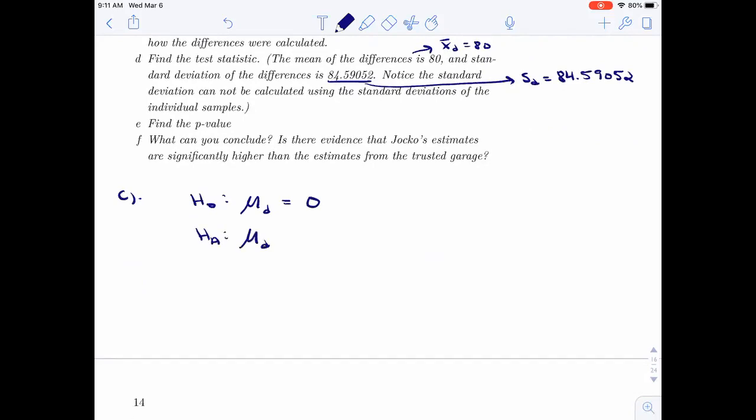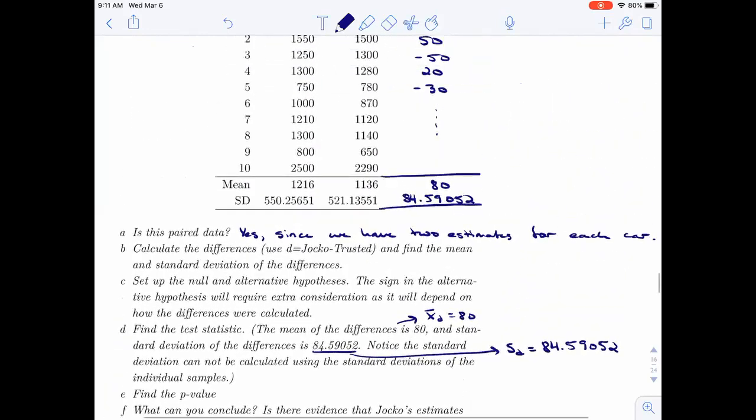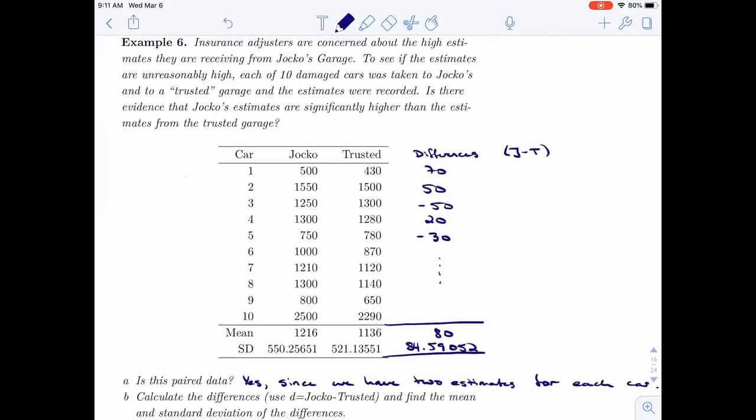HA has to be about mu D and how it relates to 0. And we wanted to know if Jocko's estimates are significantly higher than the trusted garage.